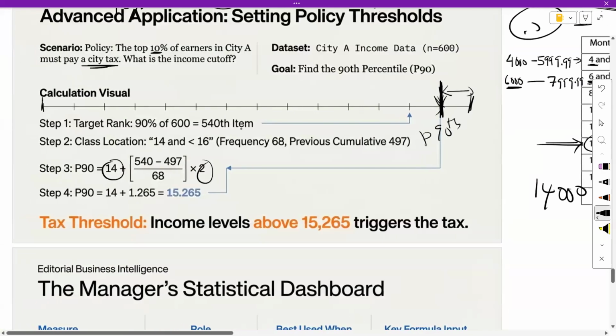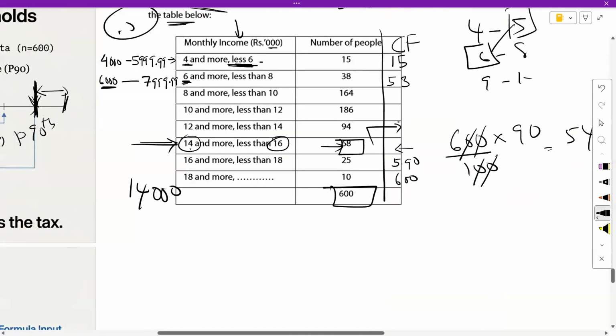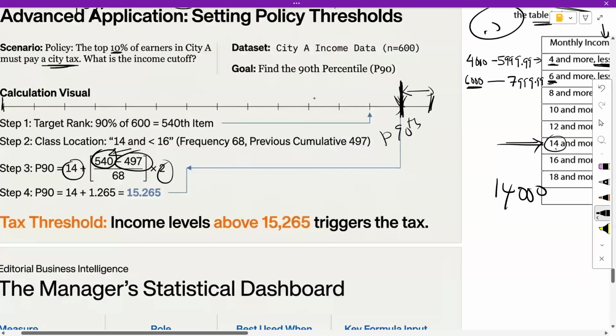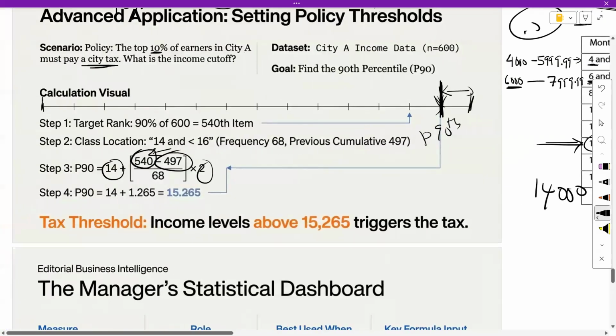The lower boundary is 14,000, and we know 540. This is the position, the location, right? Then the cumulative frequency is 497, right? And the frequency here is 68, and the class width 2,000, right?